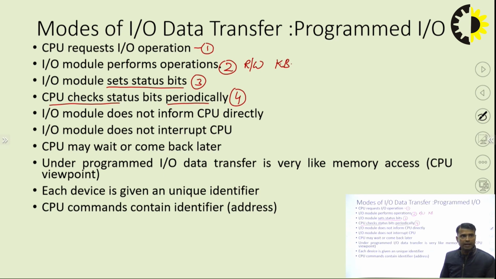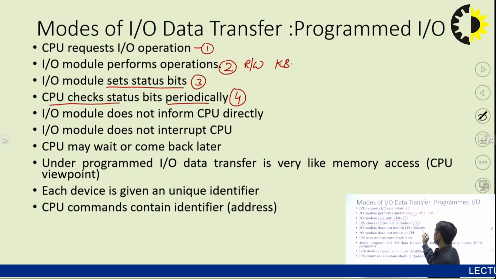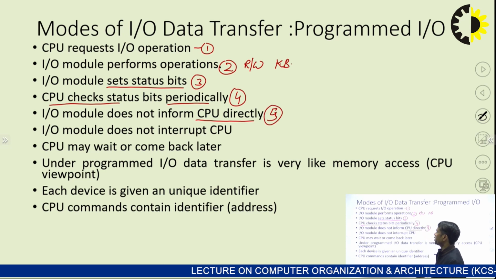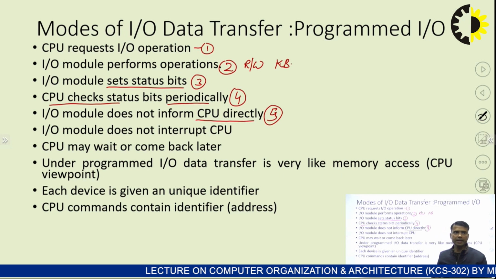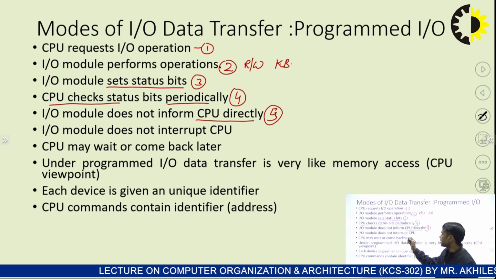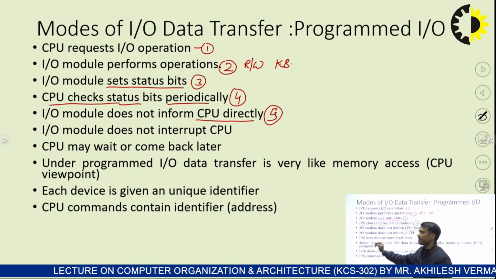So basically the I/O module does not inform the CPU directly. The CPU monitors, or you can simply say it polls, the I/O interface again and again to know what the status is, whether the data is available or not.